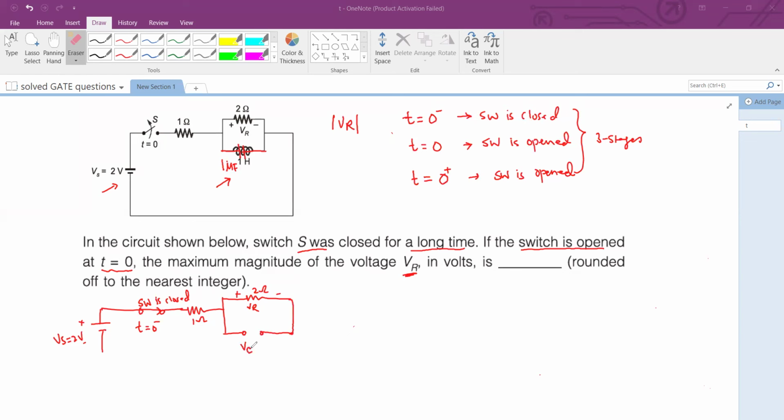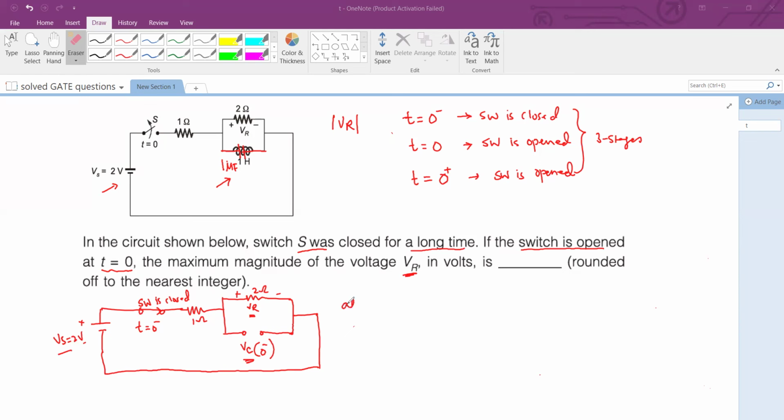The voltage across the capacitor is indicated by VC of 0 minus, the time before the switch opens. With this circuit configuration, we can calculate the currents and voltages. We have 2 volts right here, and we want to understand VC at 0 minus, which is essentially the voltage across resistor R as well.